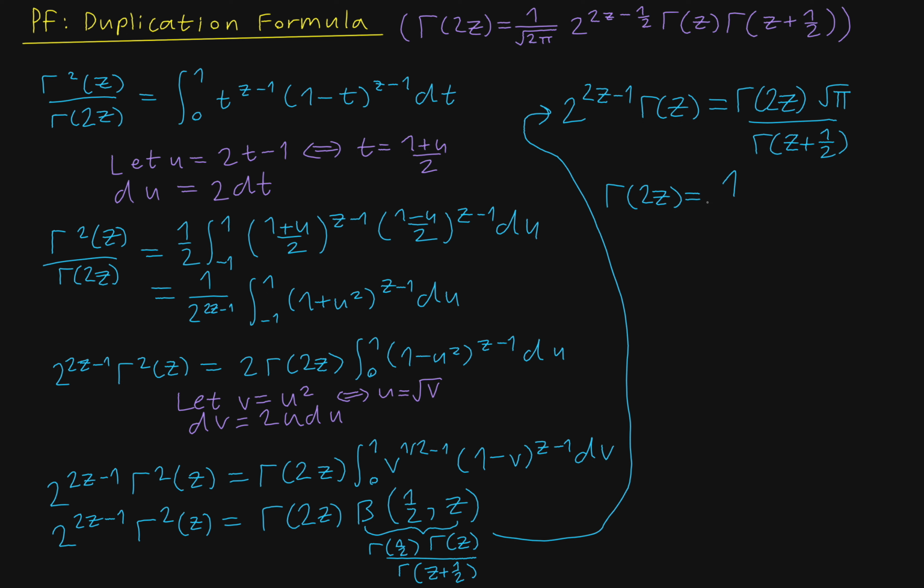And then we divide by the root pi, so we have 1 over square root of 2 pi. This is 2 to the 2z minus 1/2. And then again, continuing here since I don't have much space, but multiplied by gamma of z and gamma of z plus 1/2. And that is the duplication formula.